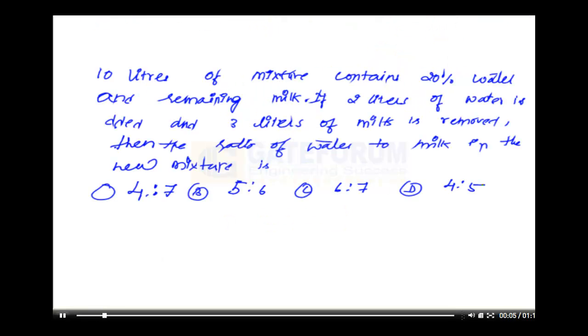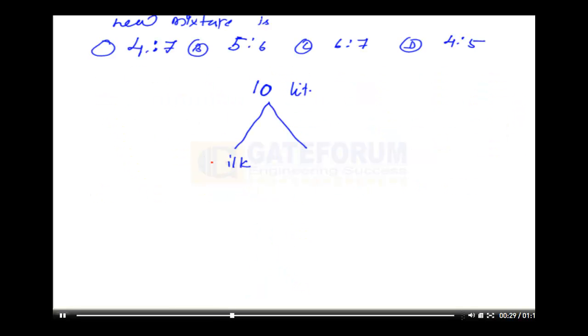If 2 liters of water is added and 3 liters of milk is removed, then the ratio of water to milk in the new mixture is. Now, initially the amount of mixture is 10 liters, which contains milk and water. Percentage of milk is 20% and the remaining is water, which will be 80%.